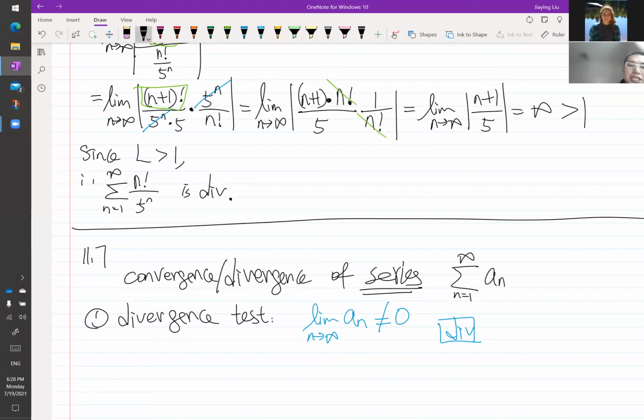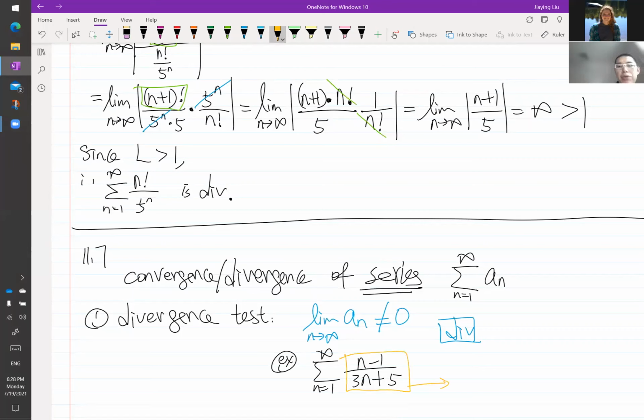Sort of an easy example, if you have a series like (n minus 1) over (3n plus 5), or something like this. Immediately you can take the limit very easily, because we have seen this part so many times.